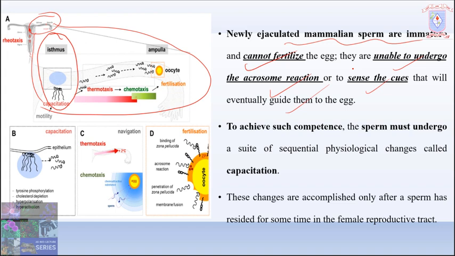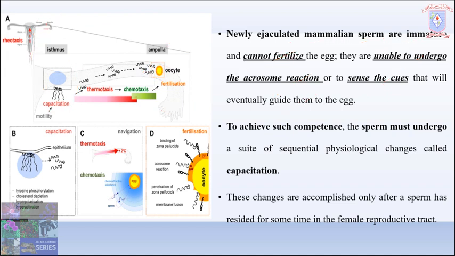So only the capacitated sperms can recognize these cues from the oocyte or the released egg and respond to the chemotaxis. And only the capacitated sperms can successfully participate in the acrosome reaction as well.